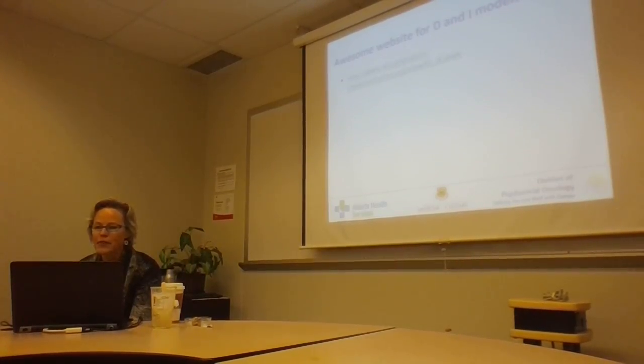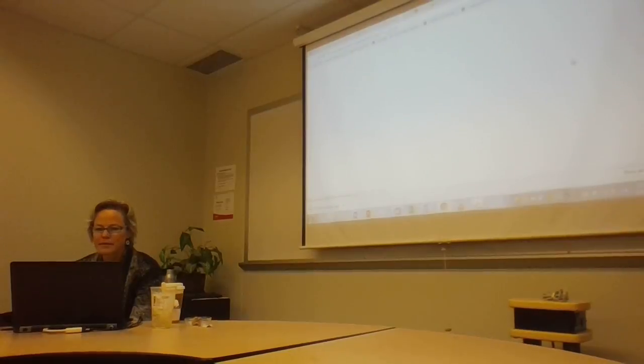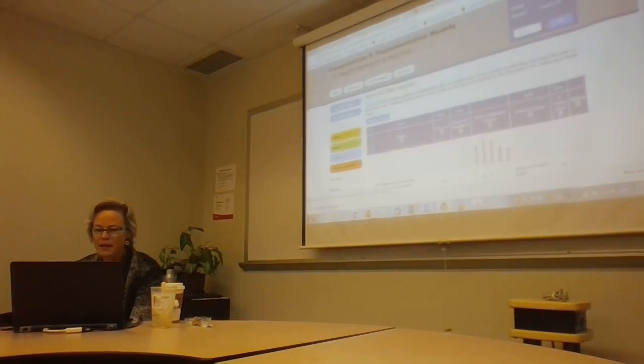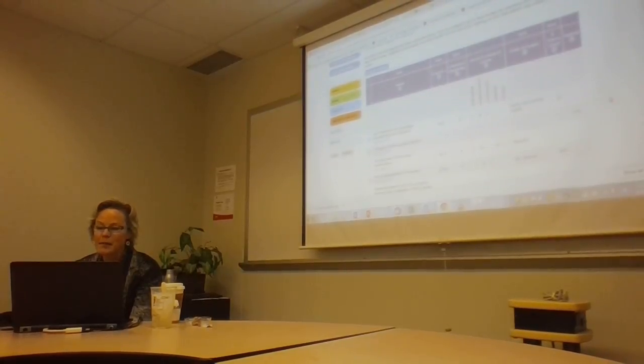So I was becoming confused with all these models, and then I found this website. It's called Dissemination and Implementation Models in Health Research and Practice. And it has this amazing table of all the models that they have gathered together. It looks at the model, and whether it's for dissemination or implementation.